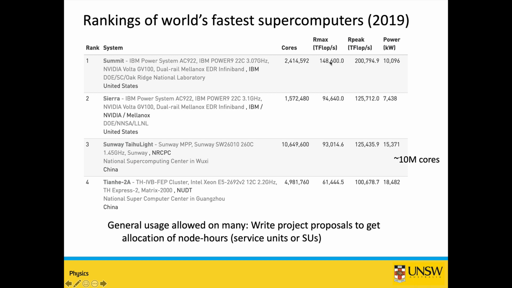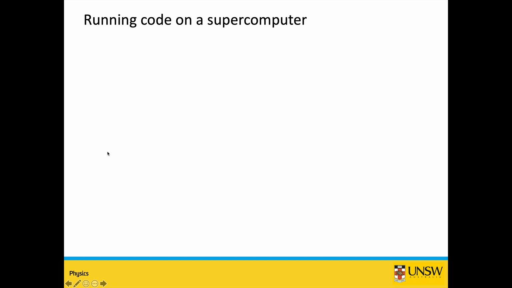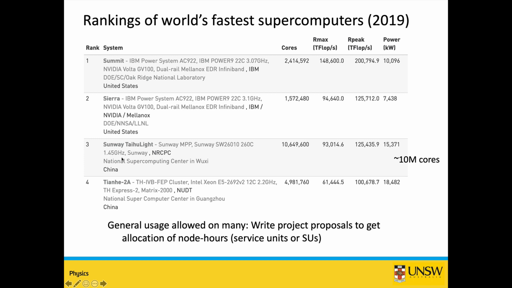It's in the teraflop regime, more than 100,000 teraflops. And then the next one on the list is also located in United States. And then you can see that third and fourth on the list are two supercomputers in China. The third one has about 10 million cores.